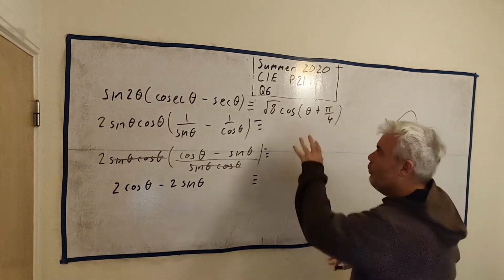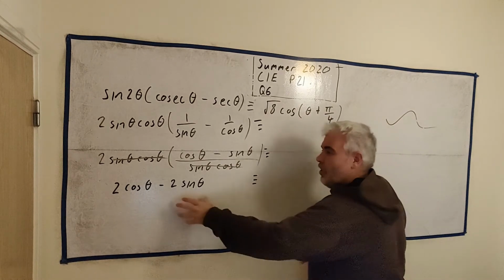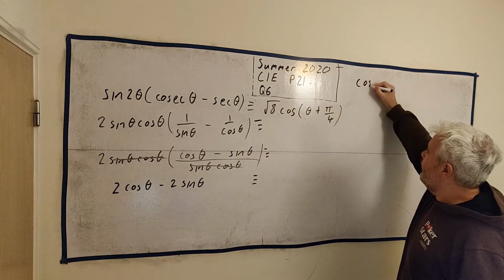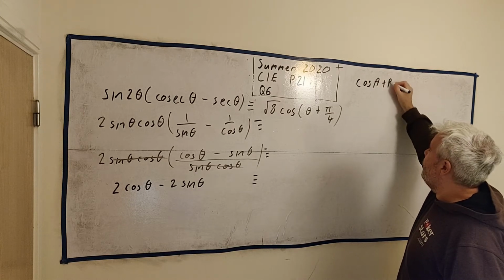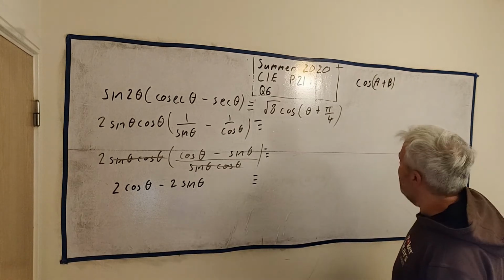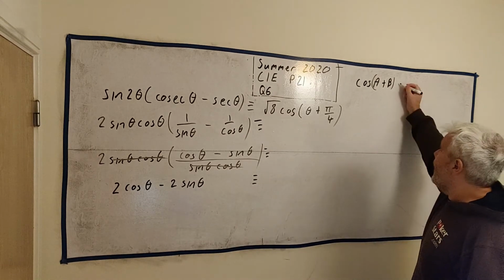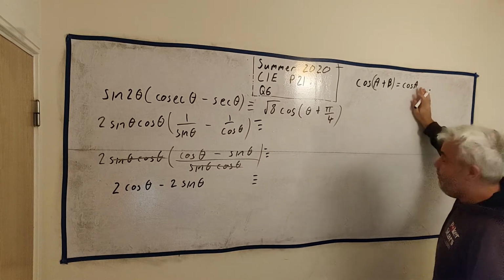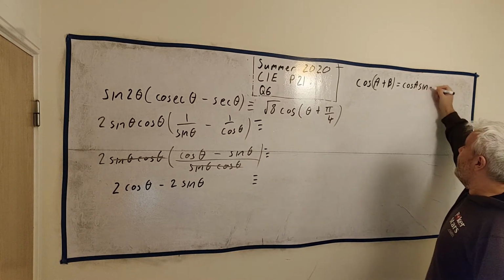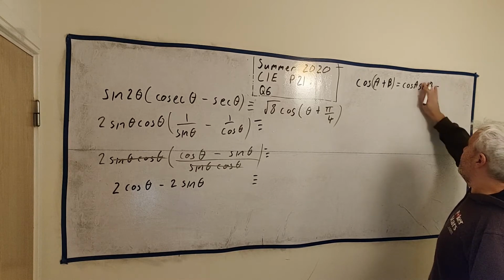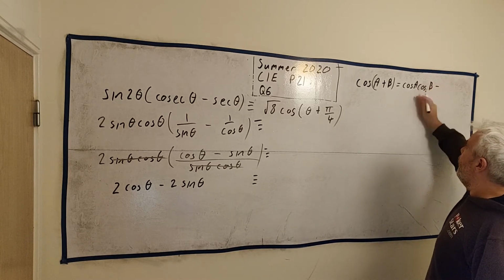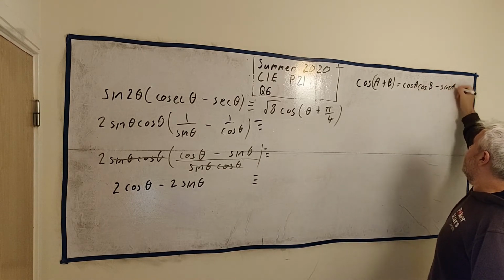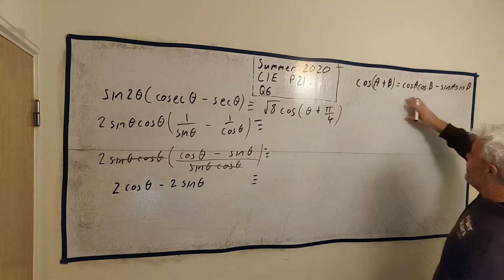Anyway, I'm just going to take the right hand side now and play around with it and try to make it look like this. So to change this, I'm going to use the formula that we've been given, cosine of A plus B. This is one of our famous formulas, and this is equal to cosine A multiplied by cosine B minus sine A sine B. Apologies if you can't see that.